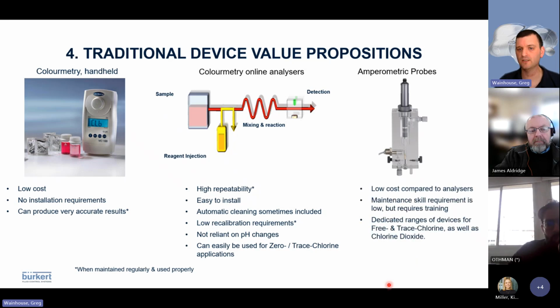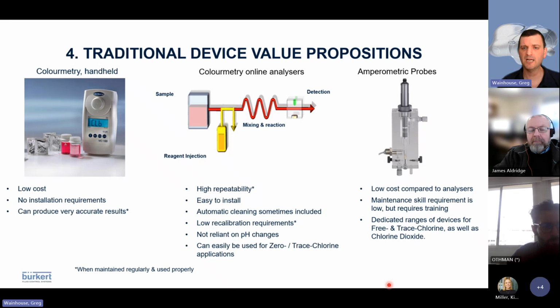Now, amperometric sensors on the other end of the scale are traditionally low cost compared to online analyzers, and the maintenance skill requirement is also quite low, but requires training. With amperometric probes, you do have to replace the potassium chloride, but compared with colorimetry analyzers, it's generally the OEM that recommends doing the maintenance, because you've got things like pumps, valves, and reagents, which you have to be careful how you handle.